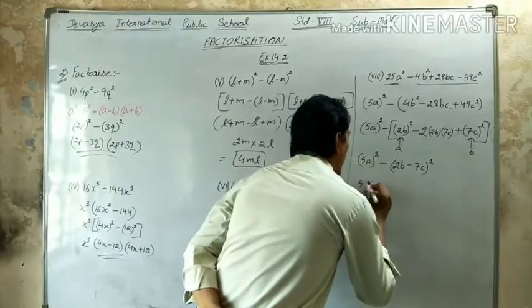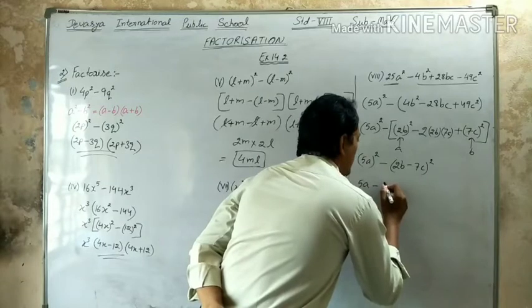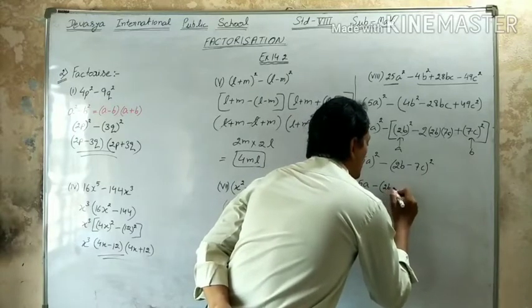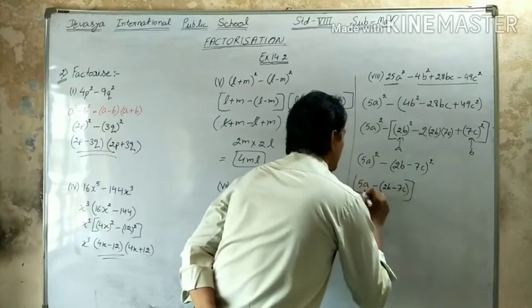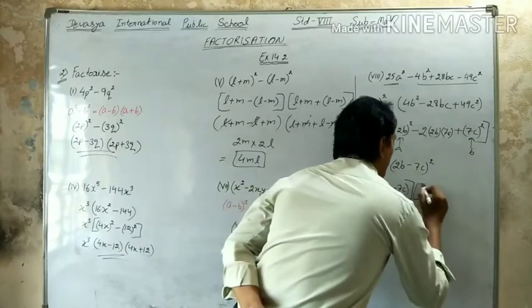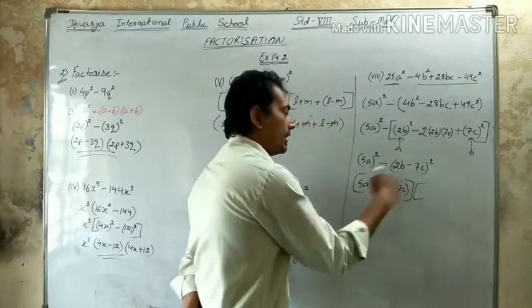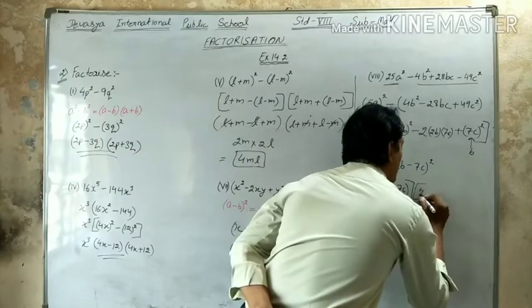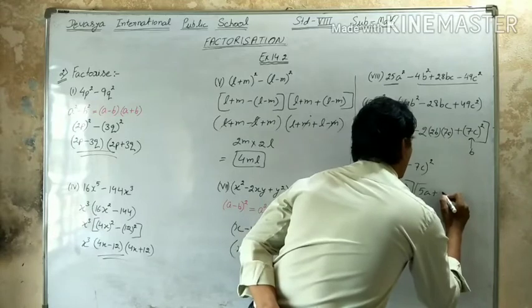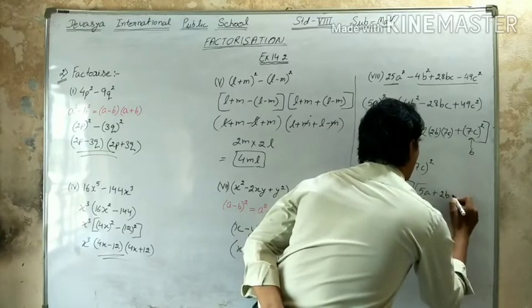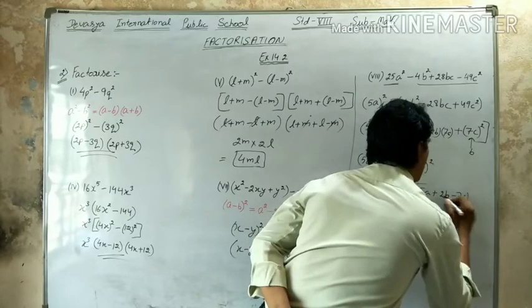So 5a minus 2b minus 7c, and again one time we are putting minus and second time plus. So 5a plus 2b minus 7c.